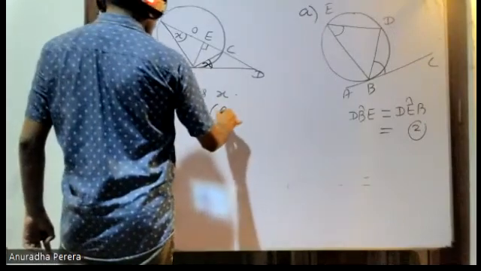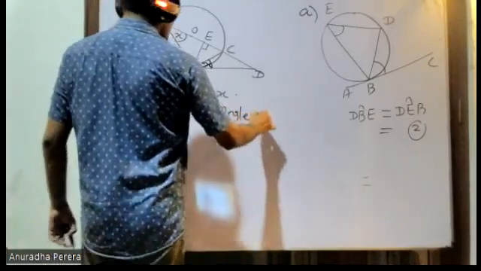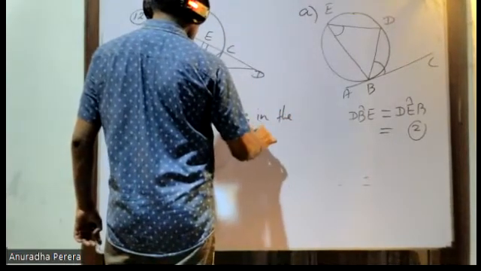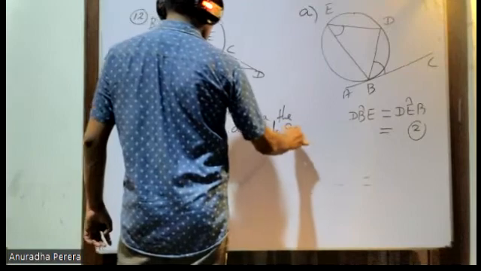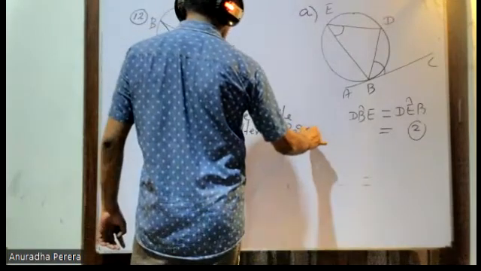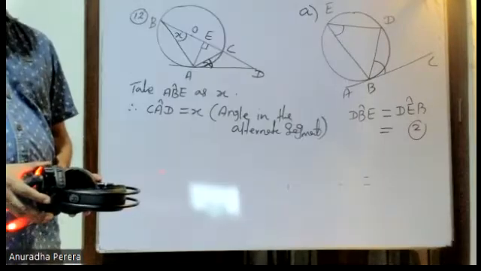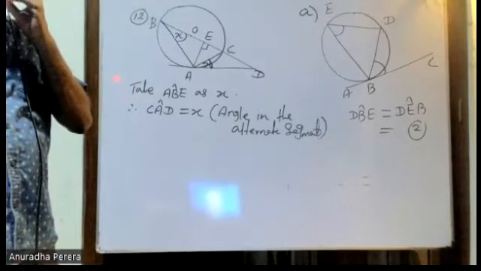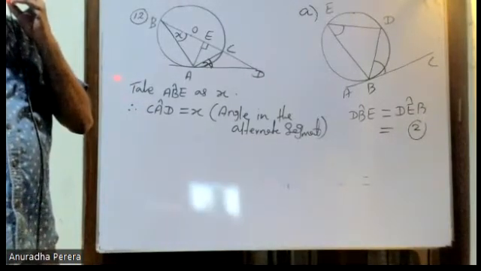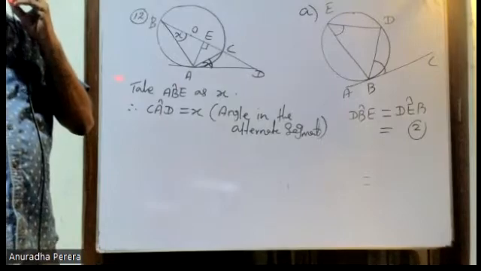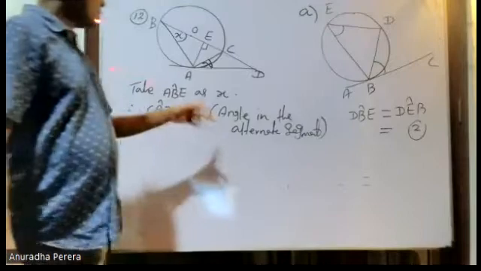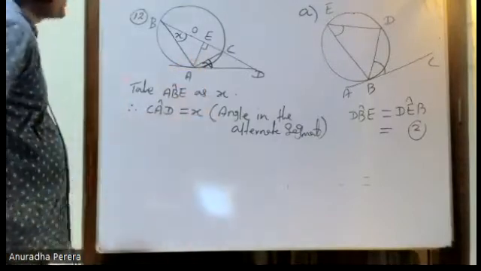Angle in the alternate segment. CAD is x. We have to prove this as x.